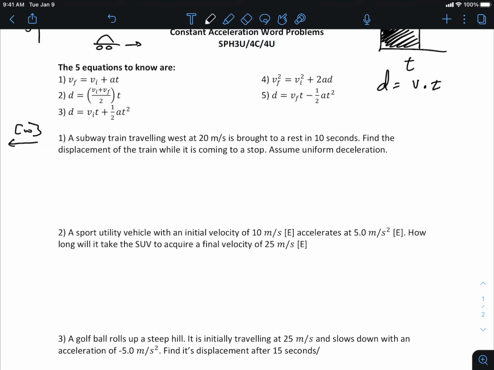So V initial is equal to 20 meters per second west. Now, it gives us another piece of information here. It's talking about seconds, and seconds always deals with time. So I also know delta t, the change in time in which something is occurring, is 10 seconds.